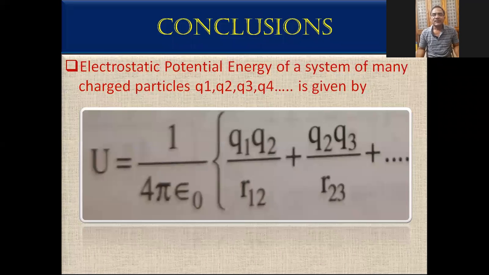After that we extended our discussion to a system of many charged particles. Suppose q1, q2, q3, q4 and so on exist in the region, then the interaction potential energy of that system, capital U, is 1 by 4 pi epsilon naught times q1 q2 by r12 plus q2 q3 by r23 plus q3 q4 by r34 and so on, right? That gives the total potential energy of the system of many particles.